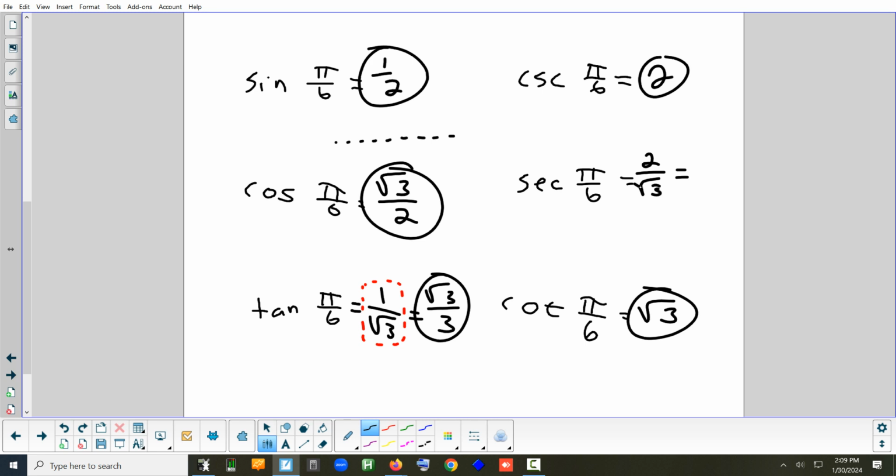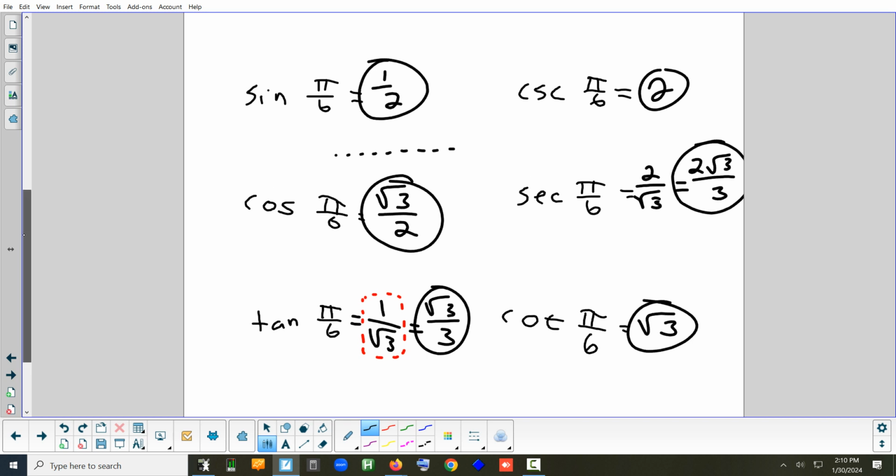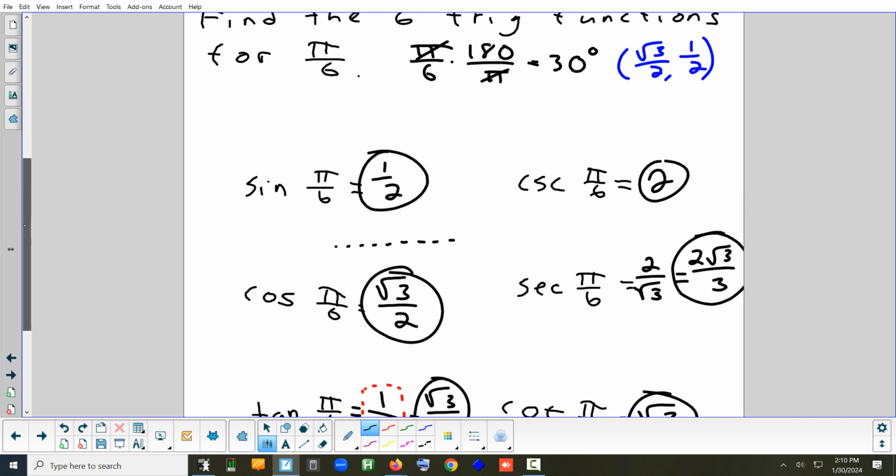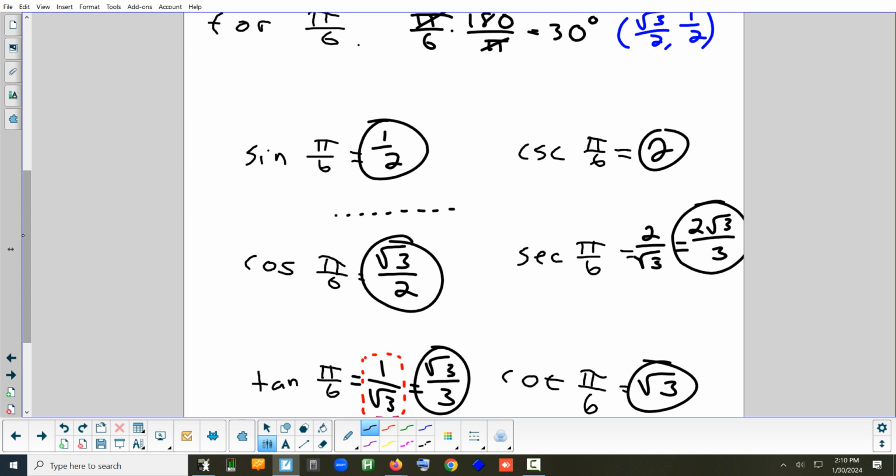And when we fix it, 2 times the square root of 3 over 3. Perfect. And yes, you do have to fix it. You have to get rid of that root in the bottom. Okay, so there's your 6 trig functions for 30. Any questions on that?